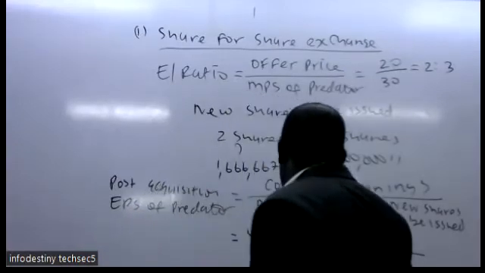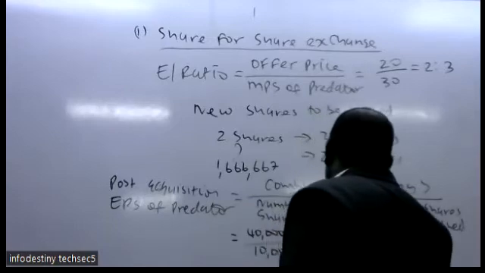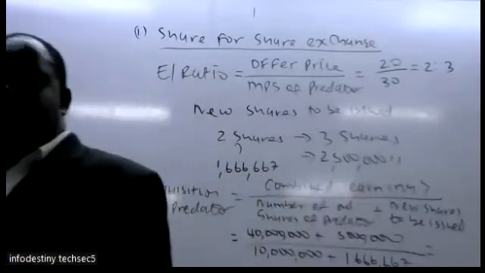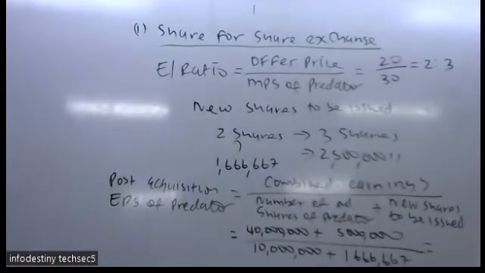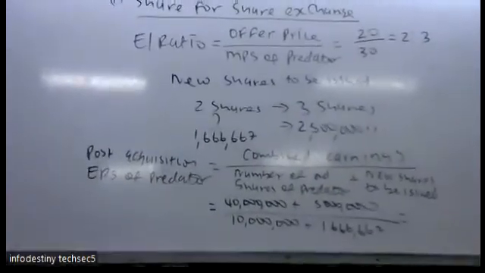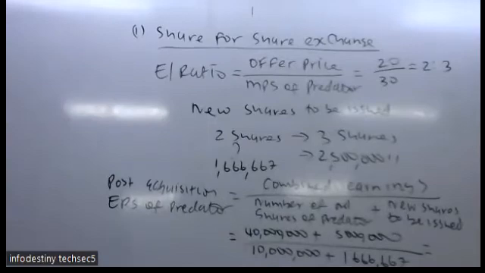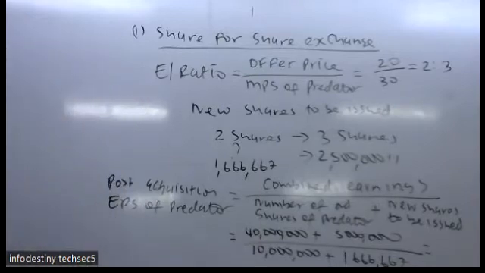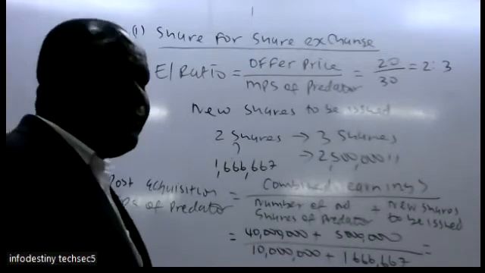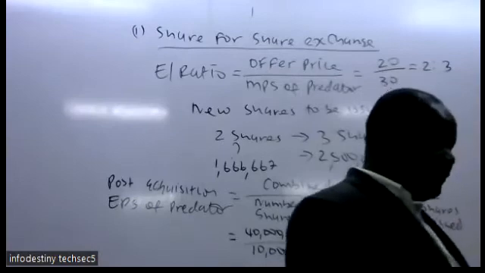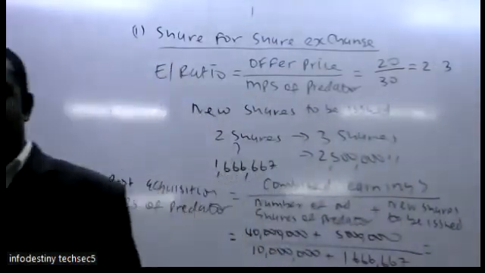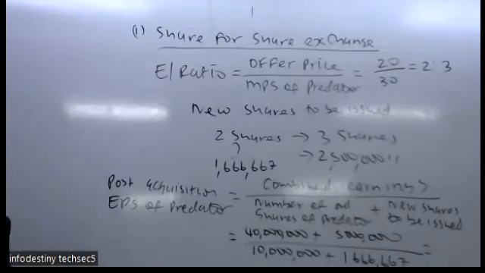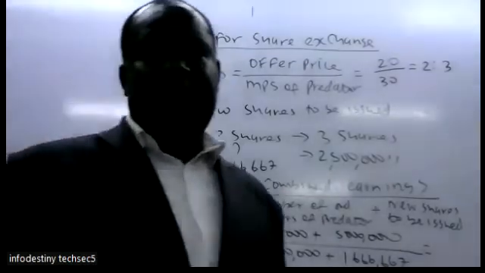Then remember to add 1,666,000 new shares. That gives 3.86. So that should be Roman letter 1.